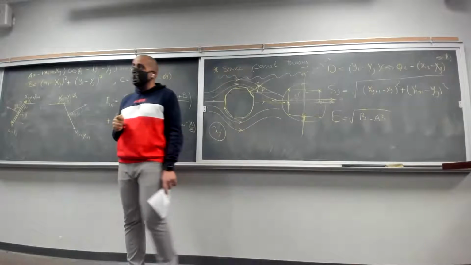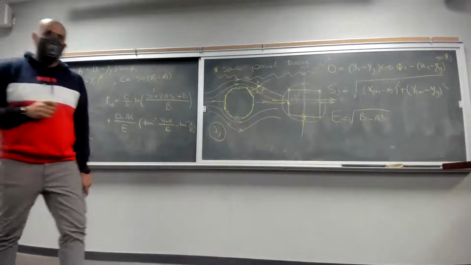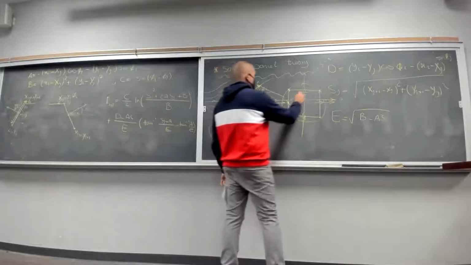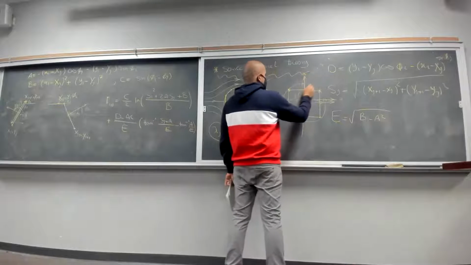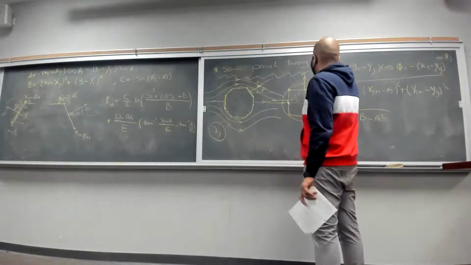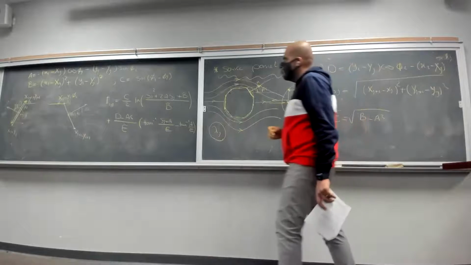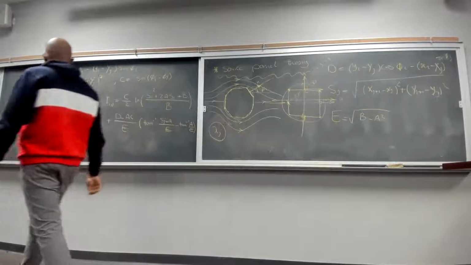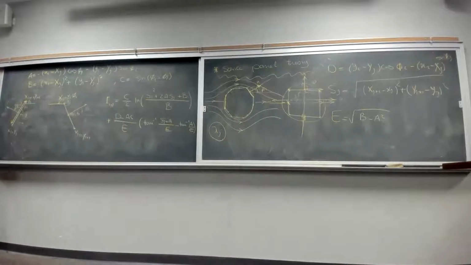So your beta is going to be 180 degrees, right? For this panel, you're going to get your flow is in this direction. Your beta is 90 degrees. Okay. So we have all of the betas, right? Whenever you have sine of beta or cosine of beta, you can plug those values in.